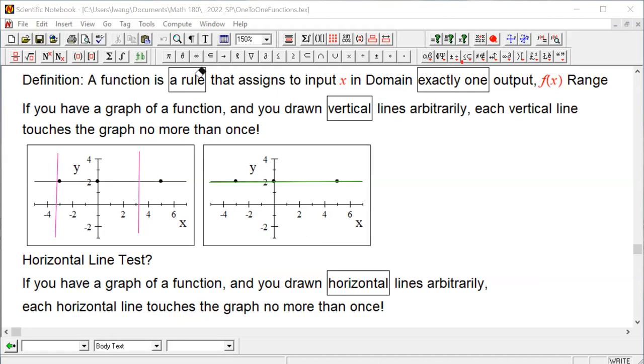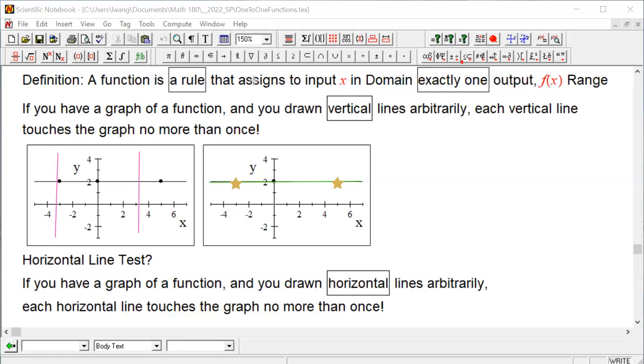It means that for this point and the other point, they each have an input. These two points, they each have an input. This is the input. Better use something thicker, you can hardly see.